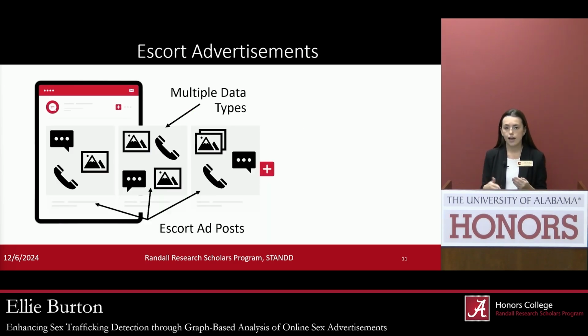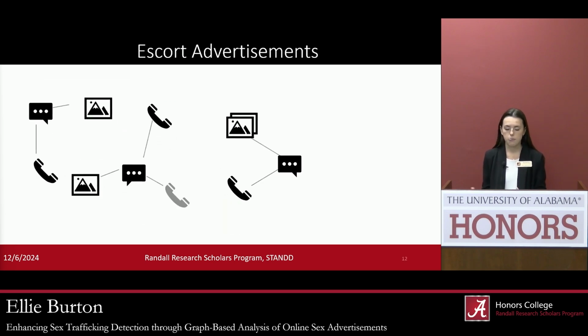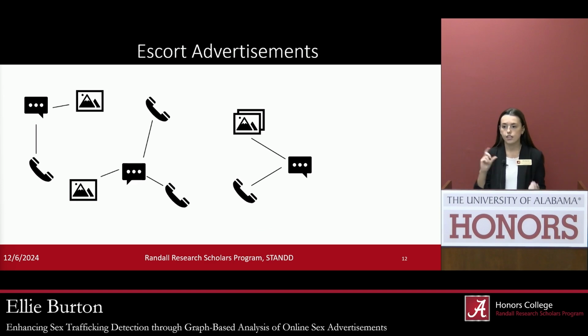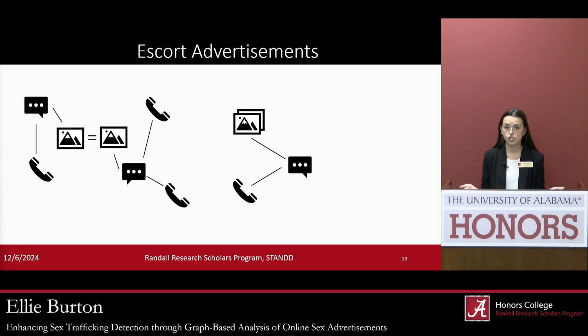When we have all these ads that we're scraping, we can represent them in a graph data structure format. This allows us to see the connection between different data artifacts, being that they're used in the same post. In this example, we have 3 different posts constructed into 3 graphs with edges linking together data points. When we bring down these posts, if we see an artifact that we've already seen before, for example, the same image in 2 posts, we can connect those together and assume that that links together those ads as a possible individual.